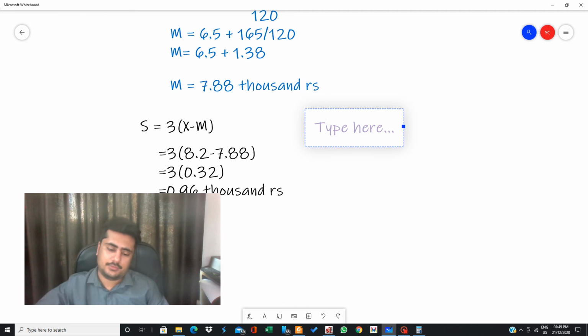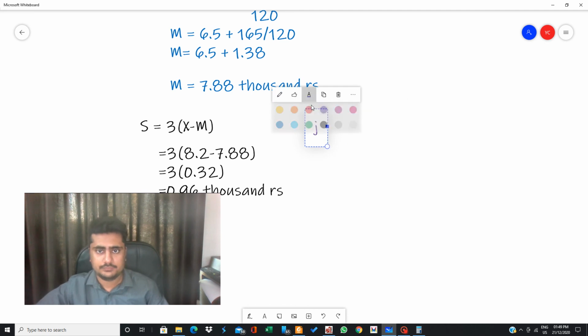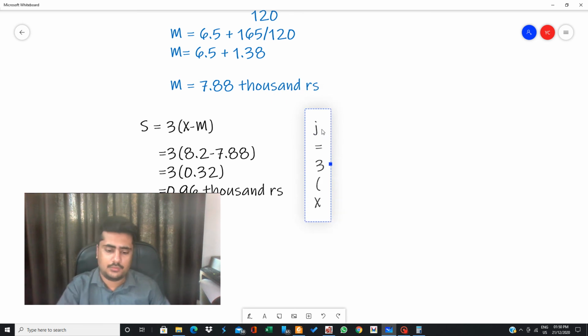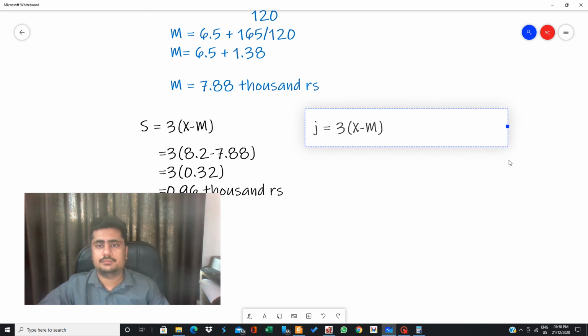So to find the coefficient, it is 3 into mean minus median upon standard deviation.